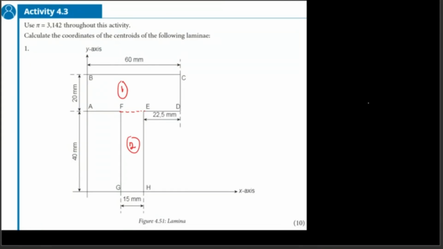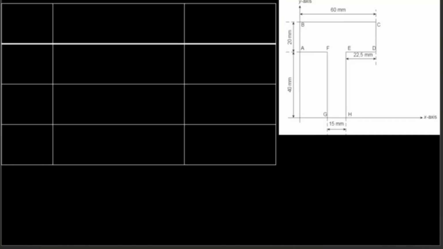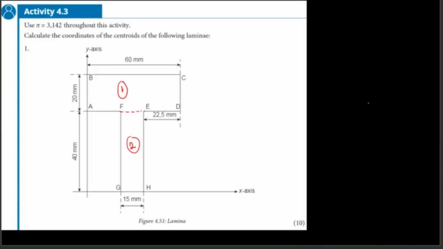So how do I determine my coordinate? There is a table that you have to draw here. You can decide not to draw the table. With the table, you label it as parts, because now it has been divided into two.